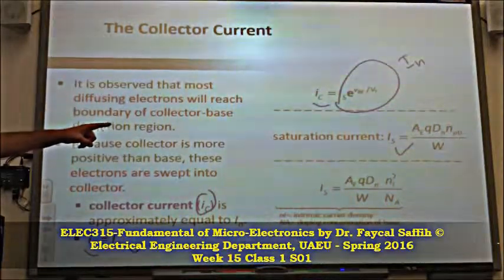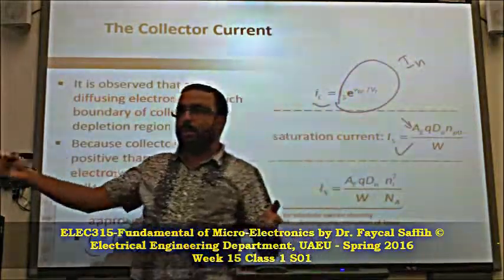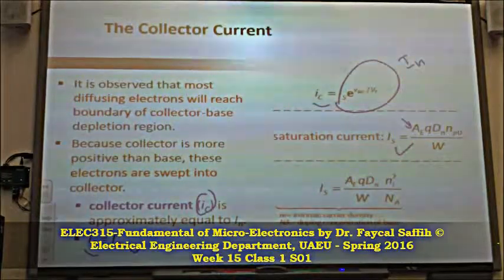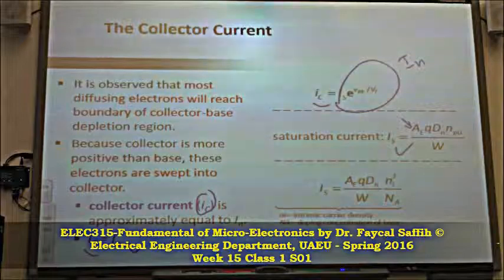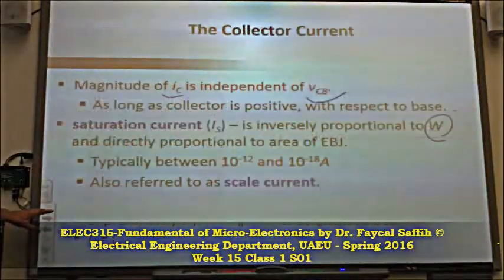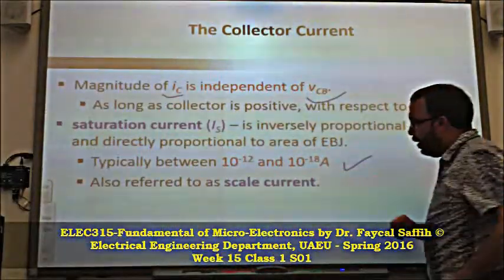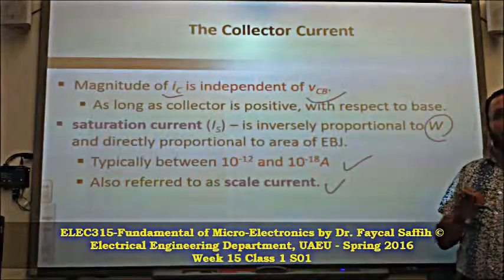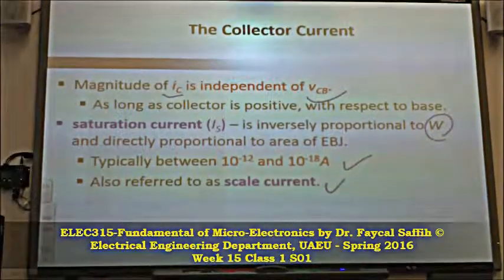So we need to make the area as big as possible and the base as small as possible. Typically, these are the values of IS, and it is also called the scale current. When we have the opportunity, we'll talk about why we call it scale current.